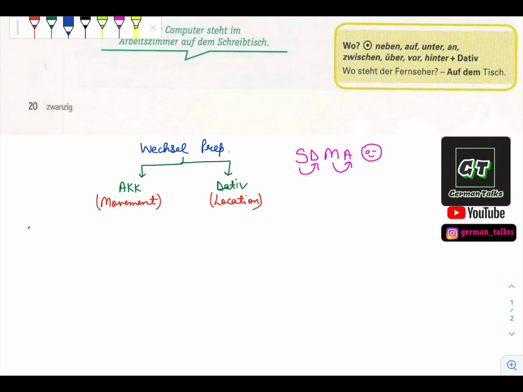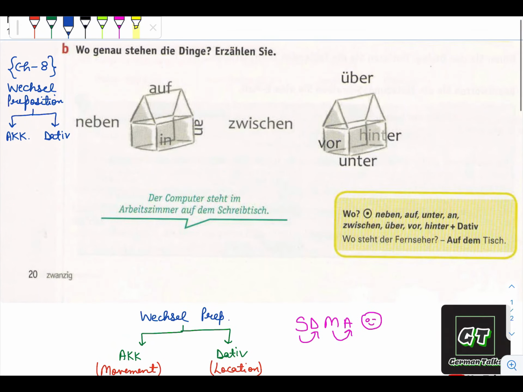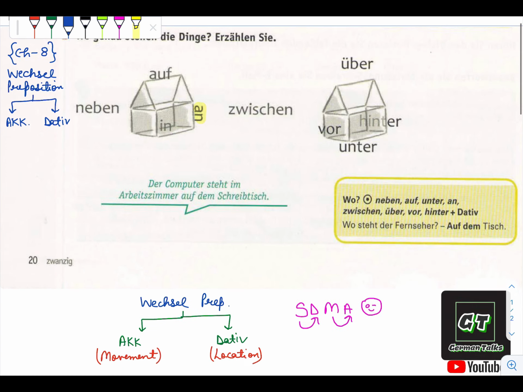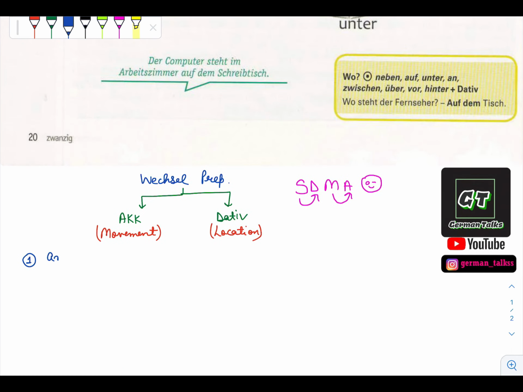Now, one by one we will discuss each and every preposition, and we will see how the accusative and dative case works. For example, first is an. By looking at the picture you can see an.